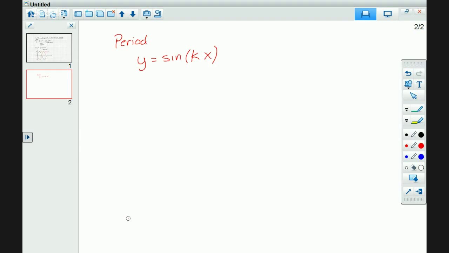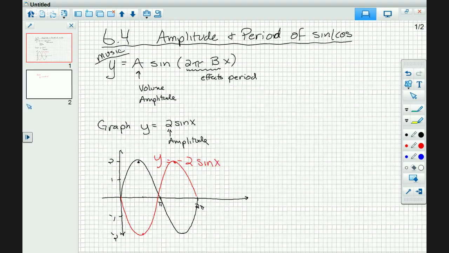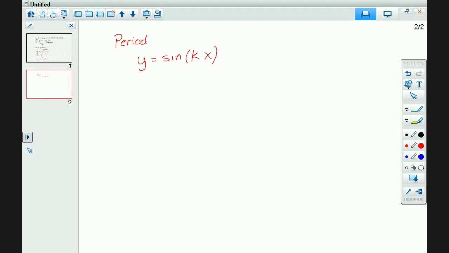With the original, I have a 2 pi b. That's all the same as k. So just to make it simple, we use k. The period of this function is 2 pi over k.